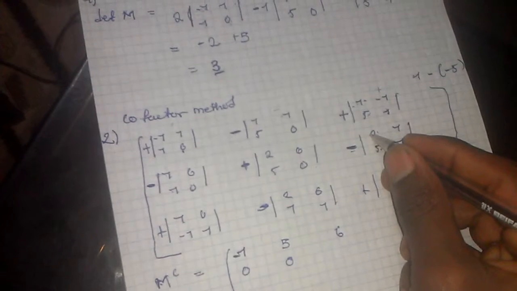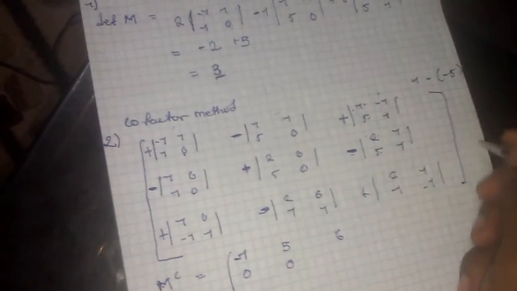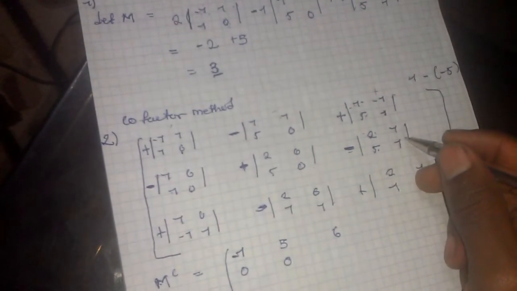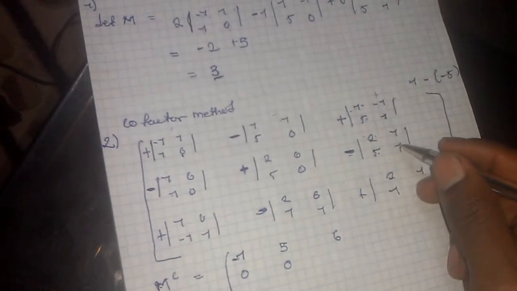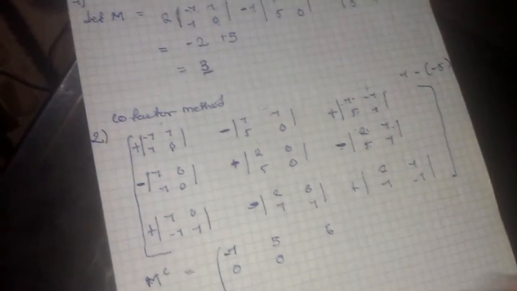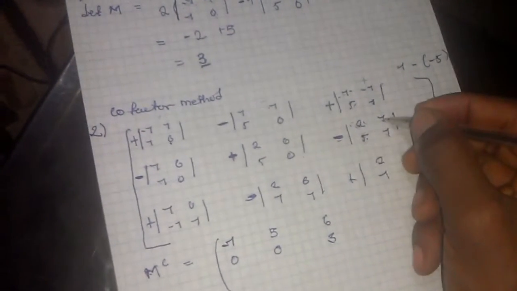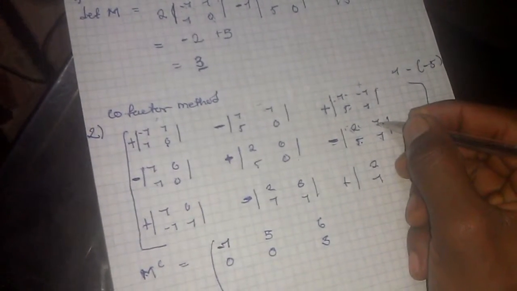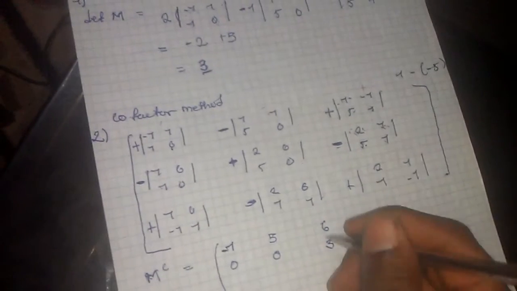Here we have 2 minus negative 3 plus 1, so we have 3. Here we have 2, and here minus 5 plus 2, so that's negative 3.